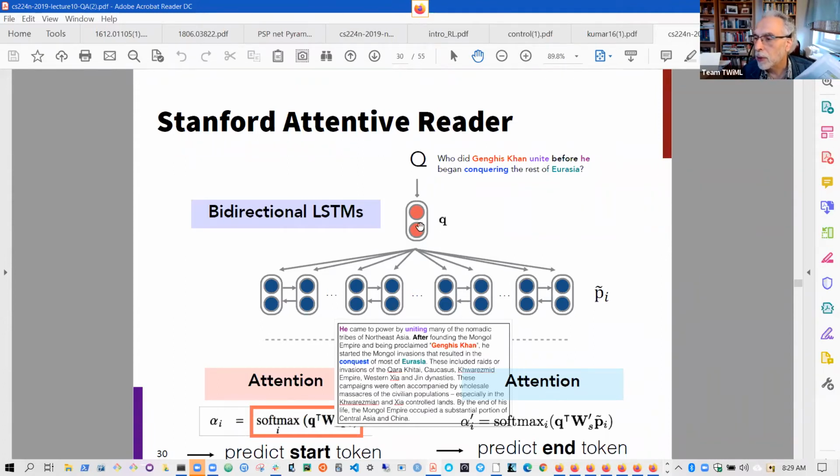So it's basically comparing the question to all the words in the passage and calculating a score for the likelihood that this word begins the answer to the question, and then another attention score for whether this word is the end of the answer. That's sort of the idea behind the Stanford Attentive Reader. It learns the weights, these two weight matrices, such that it predicts attention values that give you the right start and end words.